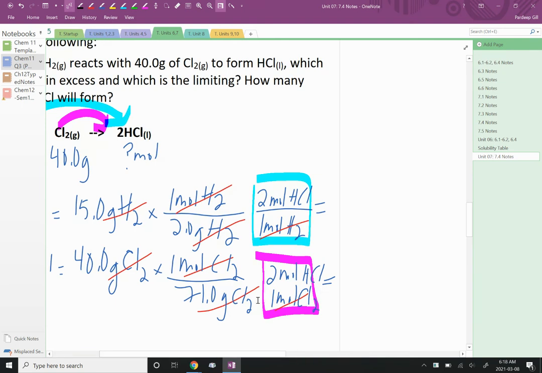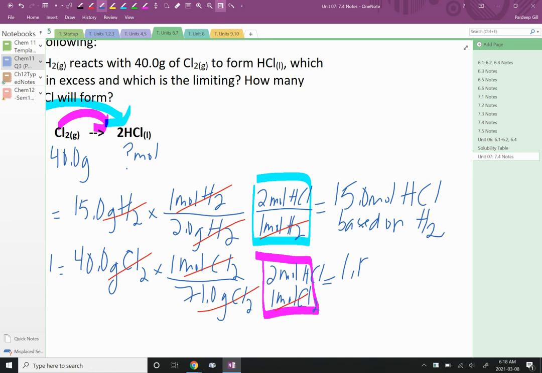My first answer is going to be 15.0 moles of HCl, and that is based on hydrogen. For the next one, I'm left with 1.13 moles of HCl, and that's based on Cl2.